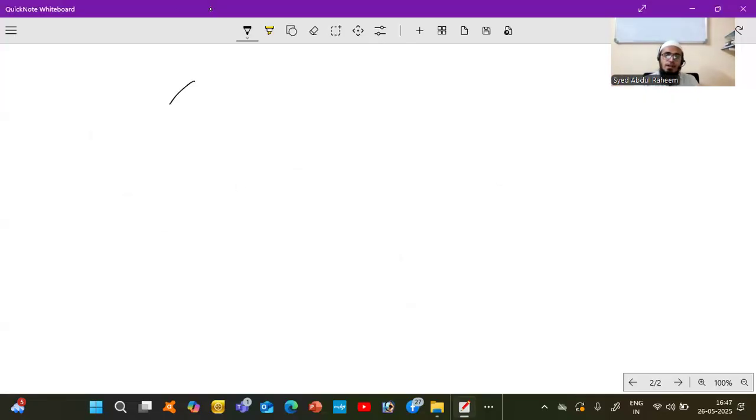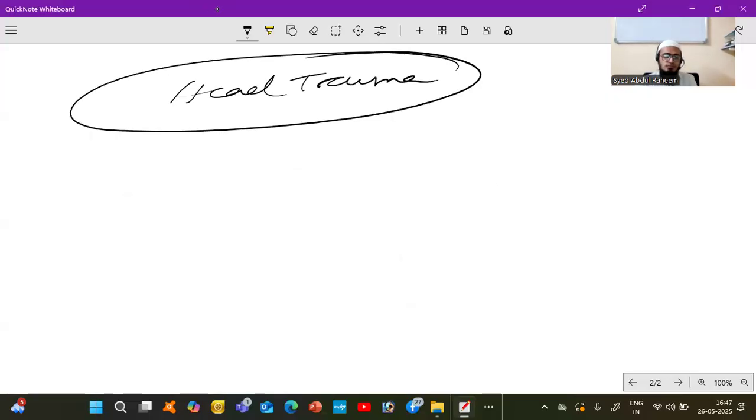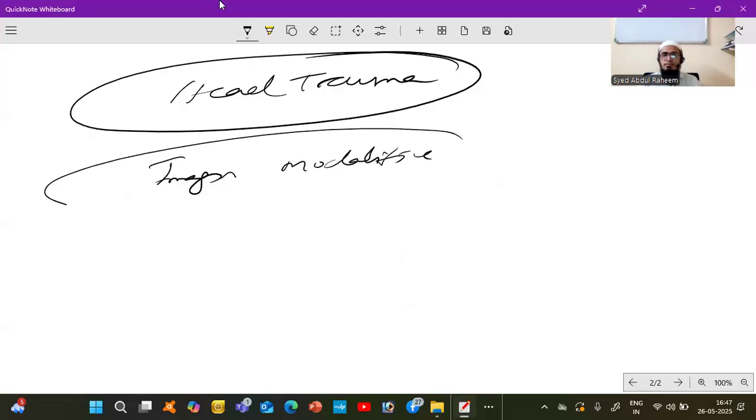First is traumatic head trauma. In head trauma, first we will discuss imaging modalities. How many types of scans are to be done for traumatic head injury.